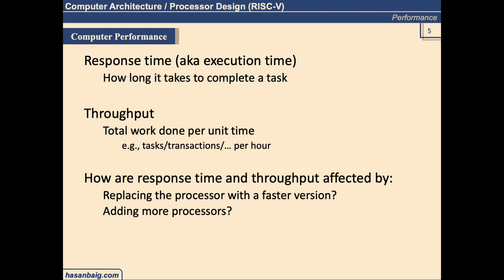The response time will be affected. So the response time will decrease. And by adding more processors, we will be able to complete many more tasks in a certain amount of time. That is what we call the throughput. But in order to calculate performance in this course, computer performance, we will be focusing only on the response time for now. Now, how do we measure time?